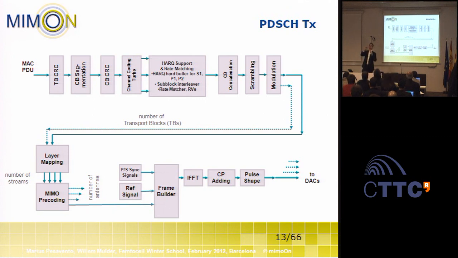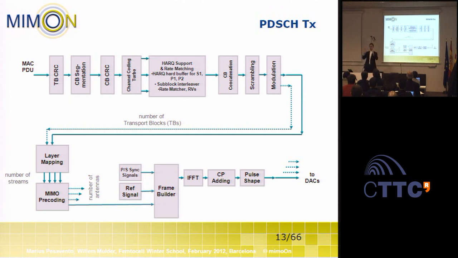So we put our symbols wherever no reference signal is present, and then we have the total radio frame. We include the broadcast channels, the control channels, and also the reference signals and the synchronization signals in this radio frame.